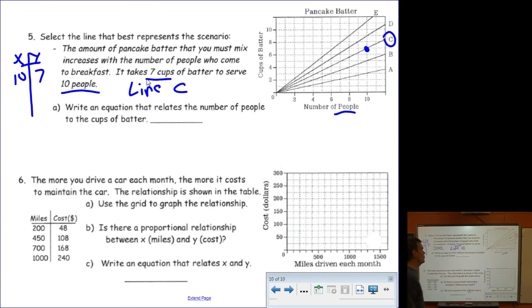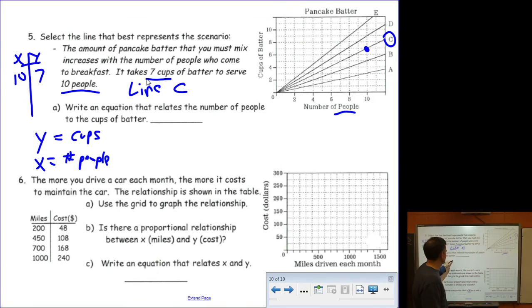And I want to write an equation that relates the number of people to the cups of batter. So y equals cups, x equals number of people. My equation is going to be y equals kx.